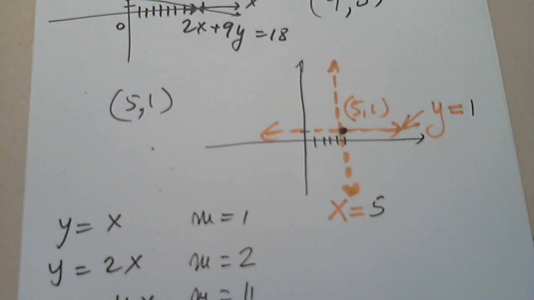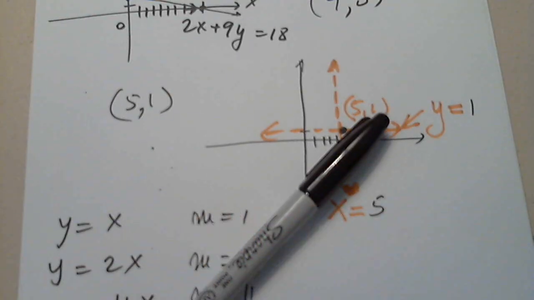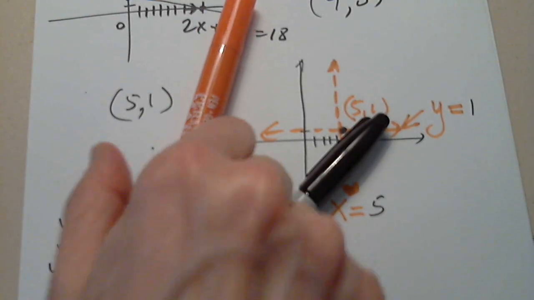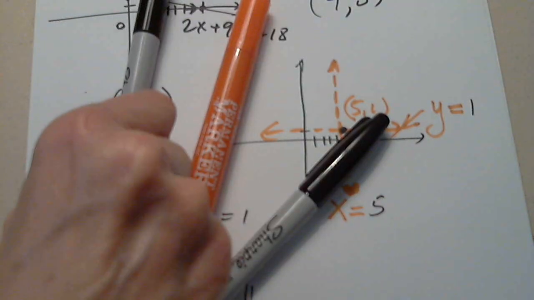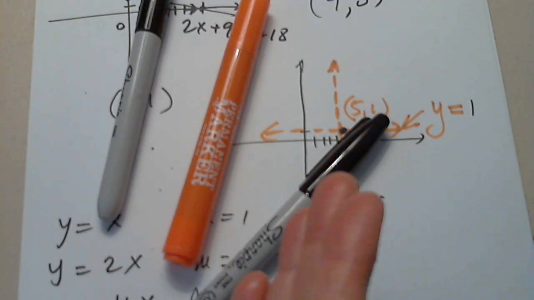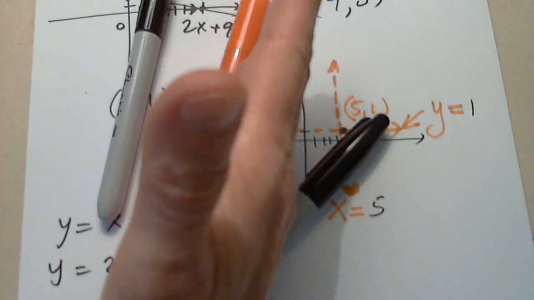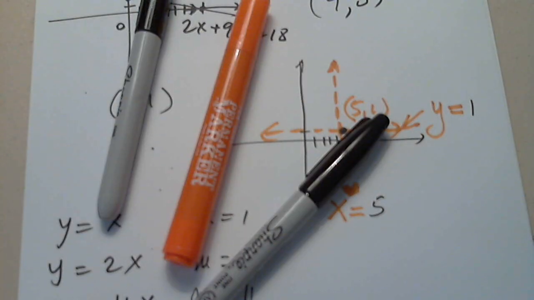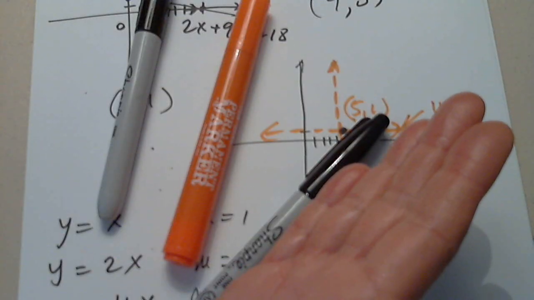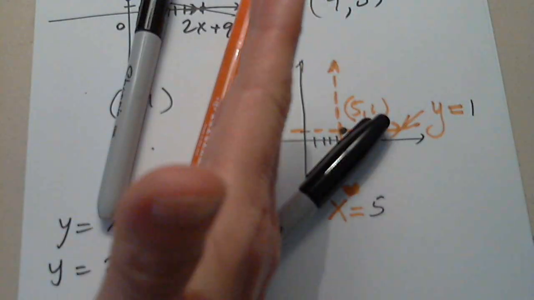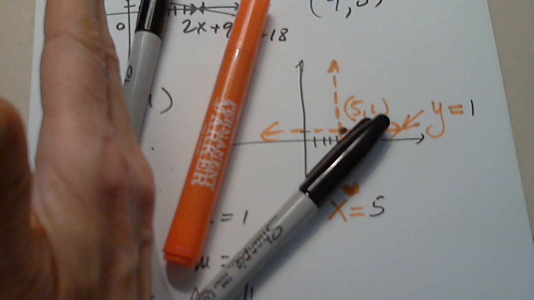So in other words, slope of 1 is this. Slope of 2 is this. But slope of 11 may be this. Which do you want to hike on? This one, or this one? Of course, this is the easiest to hike on. The higher the slope, the more difficult it becomes.